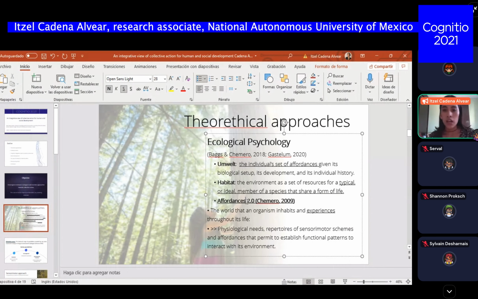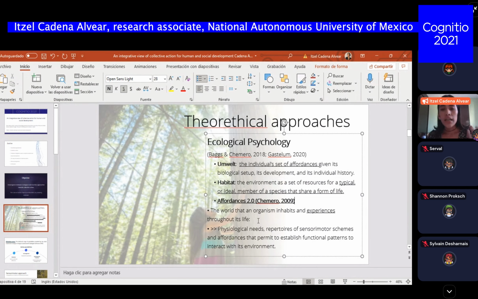And there are many concepts, but in this one, in a dynamical and relational way of thinking, it entails that affordances depend on the particular history of development of the organism, that is the ontogeny, and thus the affordances are subjective and salient for a particular individual when the individual perceives and acts upon them.